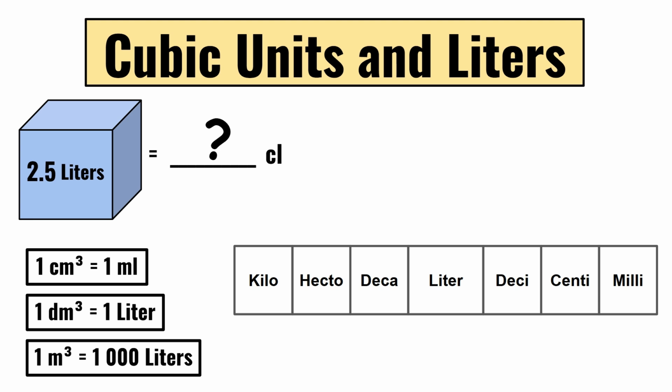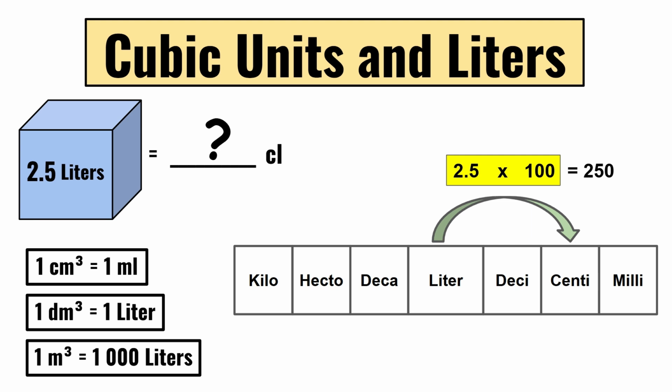Since centi is 2 steps to the right of liter on the conversion line, we need to take 2.5 and multiply by 10 2 times, or by 100 1 time. And 2.5 multiplied by 100 equals 250. So 2.5 liters is equal to 250 centiliters.